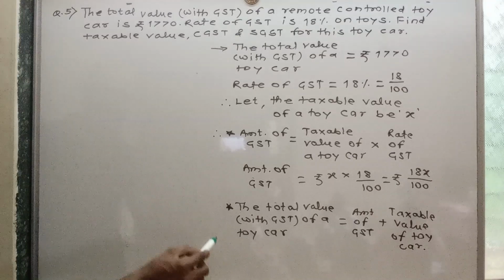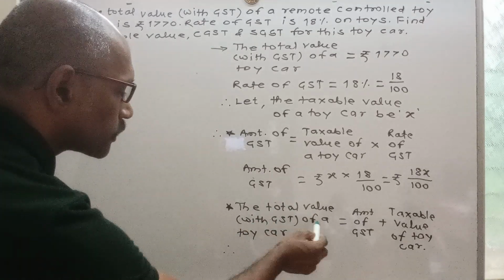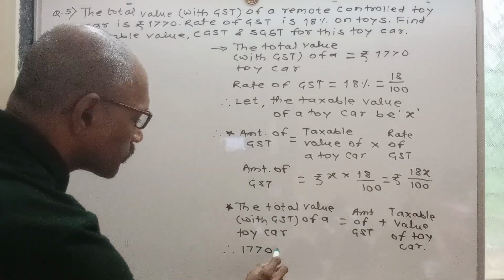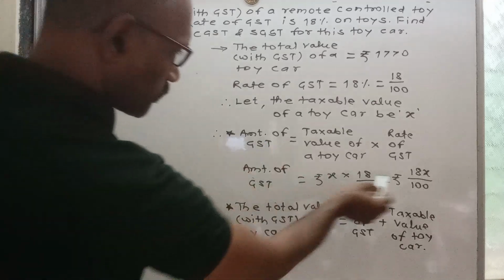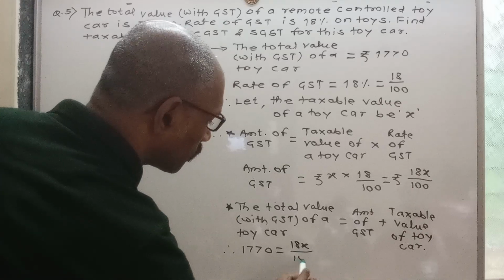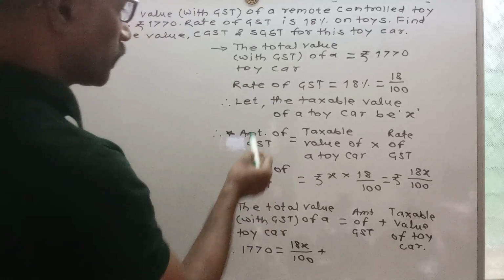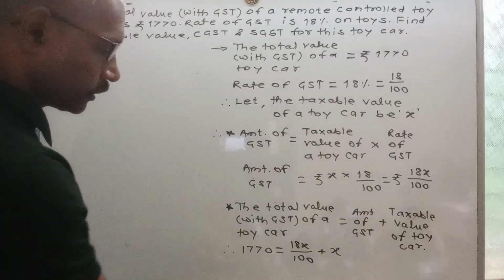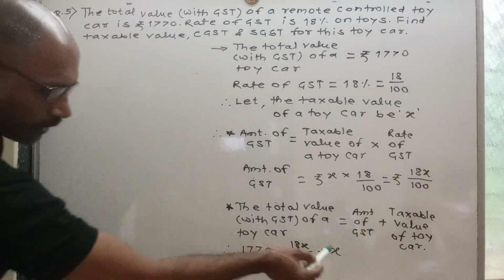Now we put values here. The total value with GST of a toy car, 1770, is equal to amount of GST, here 18X upon 100, plus the taxable value of the toy car, this X. Now, multiplying both sides by 100, left side and right side.